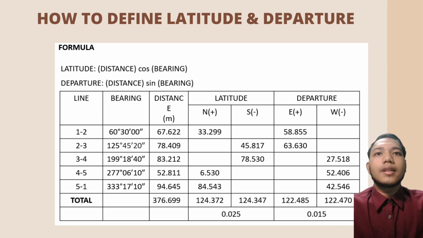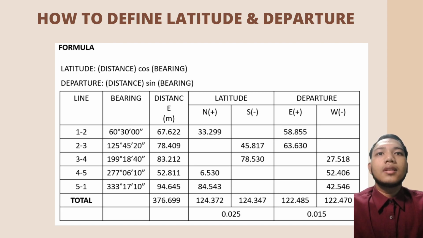The distance 67.622 times cos of the bearing 60 degrees, 30 minutes, 00 seconds. So we got 33.299, positive.